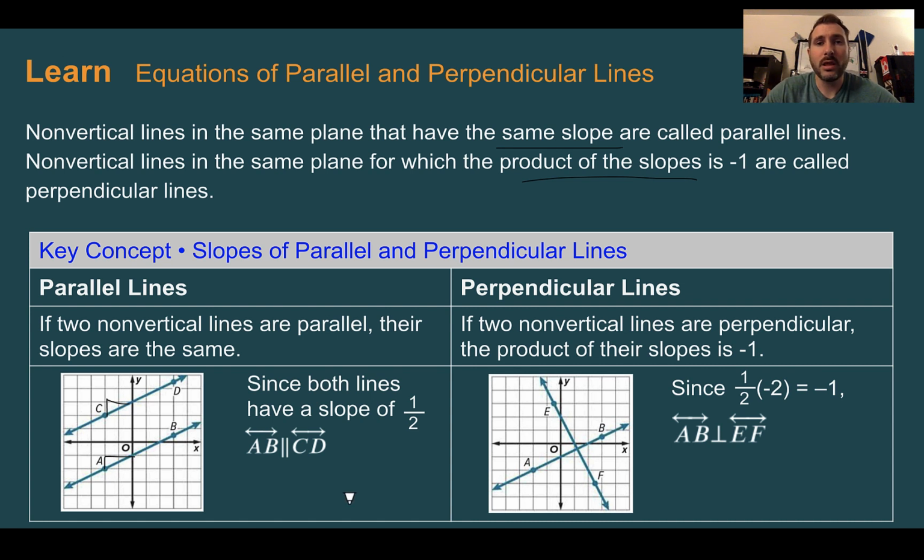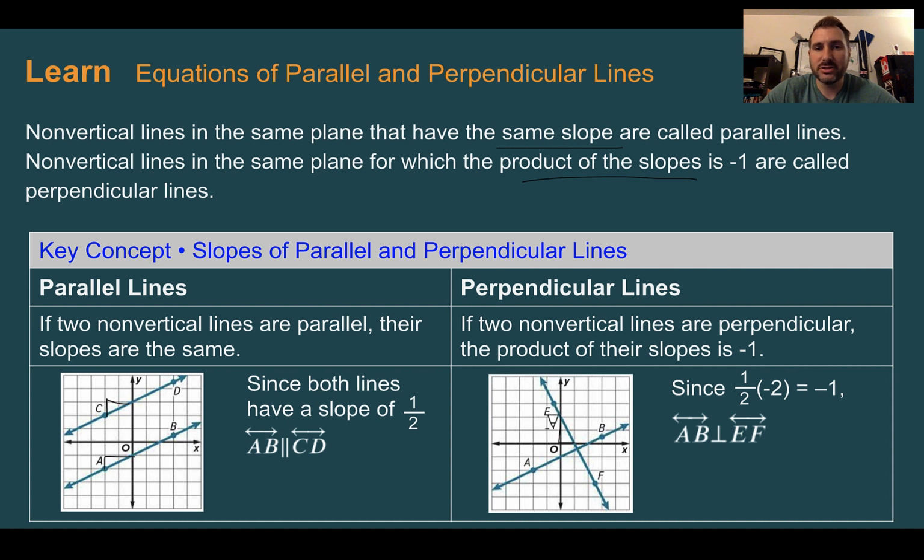They are parallel. For perpendicular, their slopes are going to have a product of -1, which, when we're looking at it, they are going to be opposite reciprocals. So their fractions are going to be flipped, and then one's going to be positive and one's going to be negative. So if we look here at E to F, I'm going to just choose 2 points on the line.